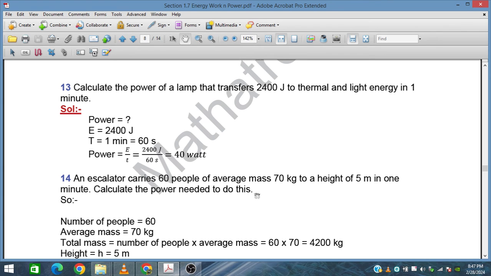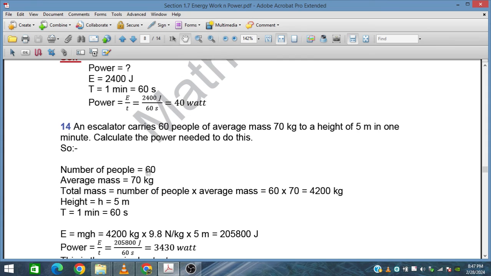Calculate the power needed to do this. The number of people is 60, and 70 kg is the average mass of a person. The total mass is the number of people times the average mass, so that is 60 times 70, which is 4200 kg. The height is 5 meters, and the time it takes is 1 minute, 60 seconds.